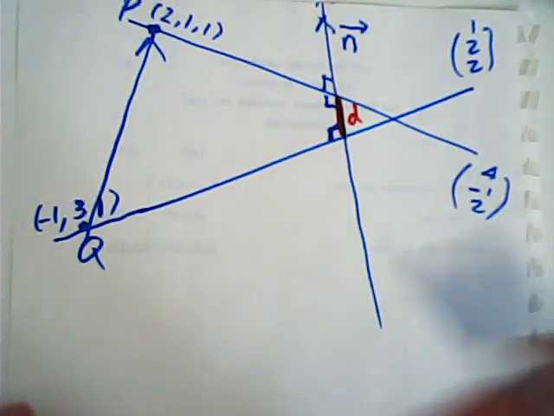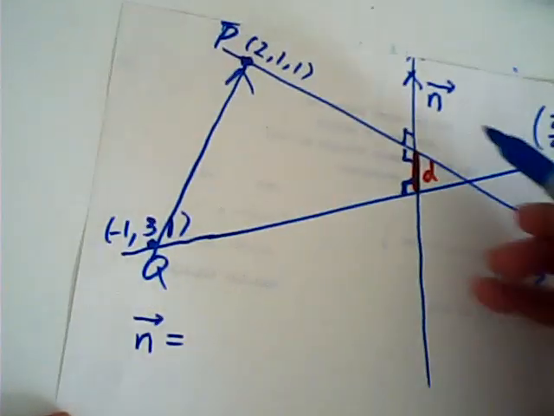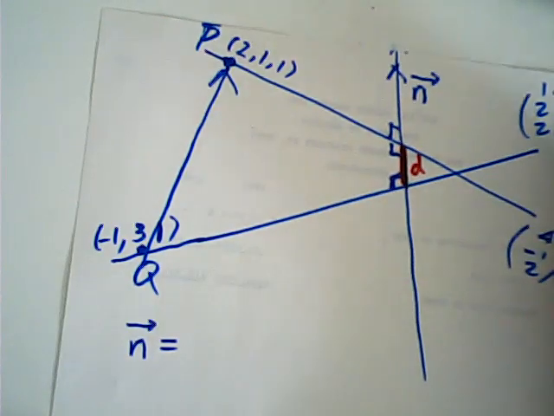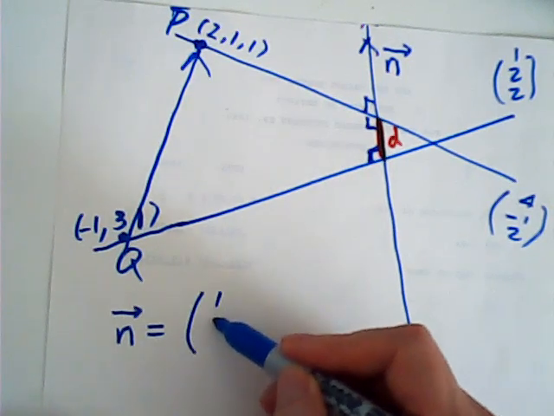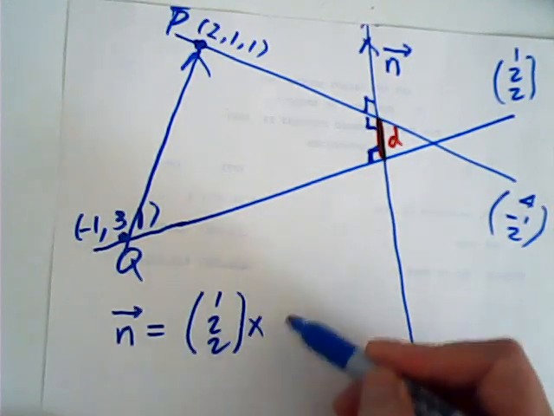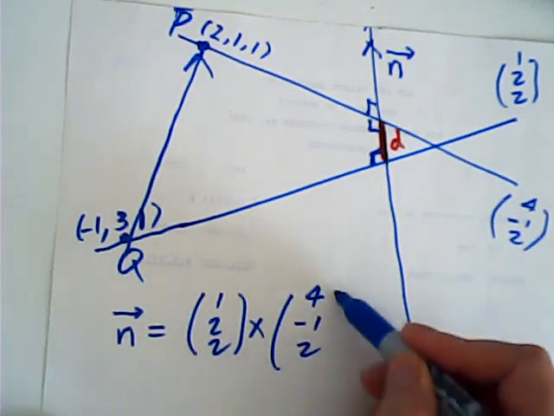How to find this n? n is a vector perpendicular to both of them, right? Both this and that. So this is (1, 2, 2) cross product (4, -1, 2).